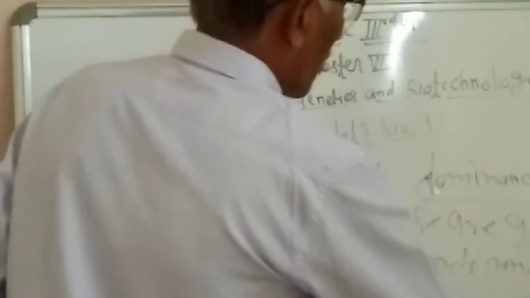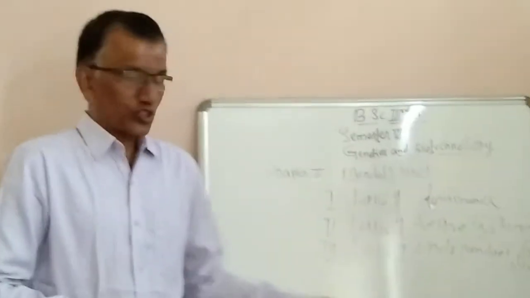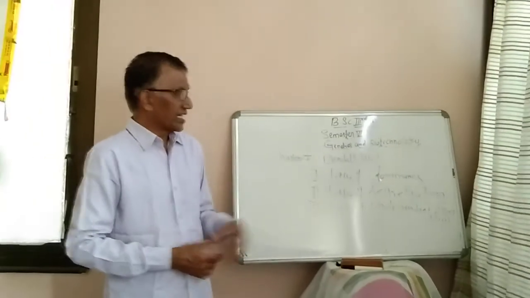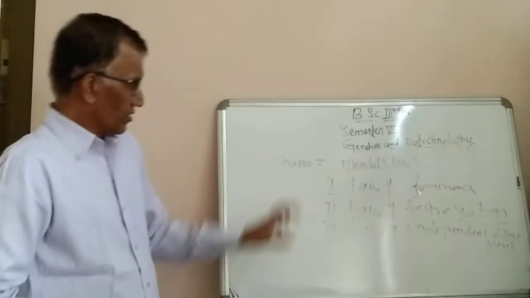The third law is the law of independent assortment. So these are the 3 laws postulated by Gregor John Mendel to prove the inheritance of characters from one generation to another.